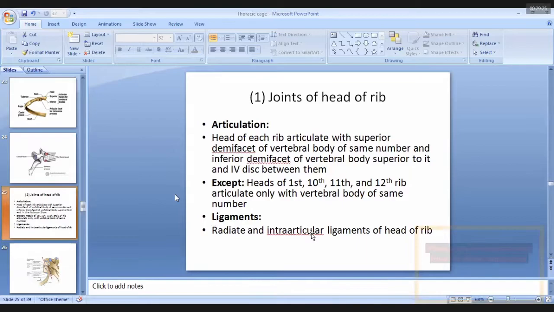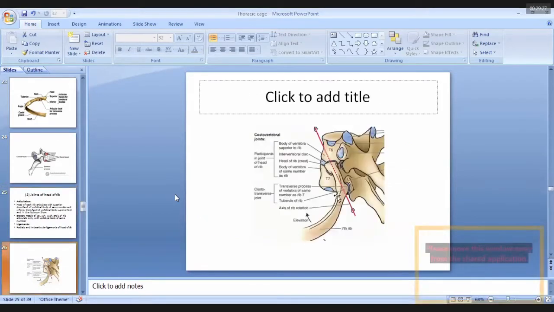this is the seventh rib. So the seventh rib articulates with the superior facet of the vertebrae of the corresponding number. The seventh rib articulates with the superior facet of the T7 vertebrae.